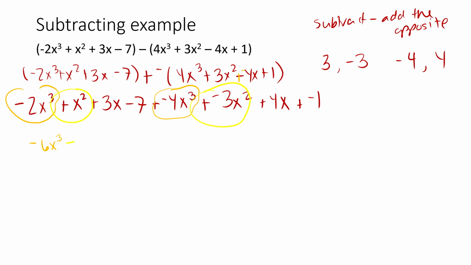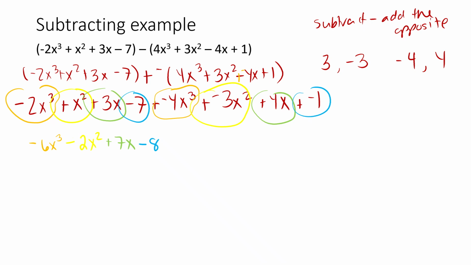So you can write plus negative 2 or minus 2x squared. 3x plus 4x will give me 7x. And last but not least, negative 7 plus negative 1 is negative 8. And at any point in there, you can use a plus, a minus sign, or a plus, a negative. Just whatever is going to make more sense to you.